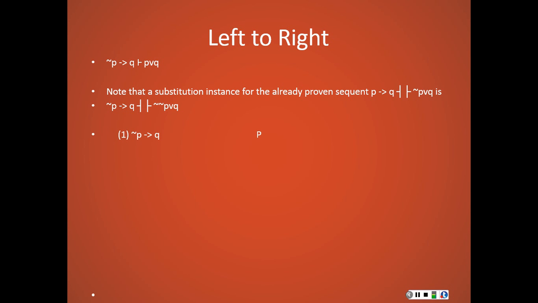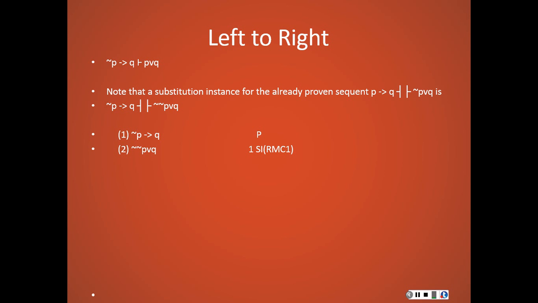Now I'll begin to write out my proof. So I start out by writing down my premise. Now I'm going to go ahead and introduce another line that I'm going to get by way of sequent introduction.